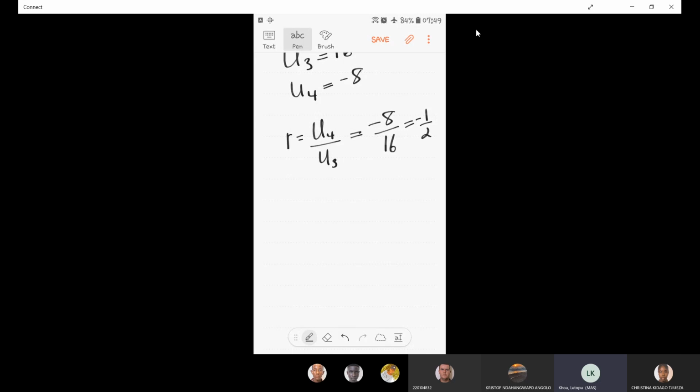But even before that, I can work out the first term. So I use this third term that I'm given. This is a, the first term, times r^(3-1), and this should be equal to 16. So a is what I'm looking for. r is negative a half to the power of 2.